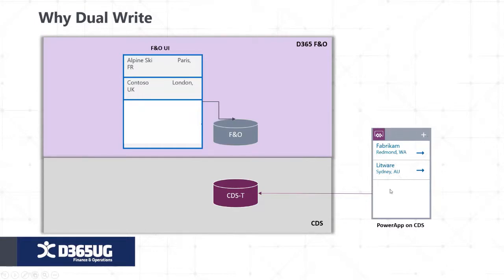In F&O these are customers, and in CDS I would say accounts, because these 2 are completely separate databases talking to different instances. This would be fine, there is nothing wrong with it. 2 instances, 2 databases living separately, having their own life.